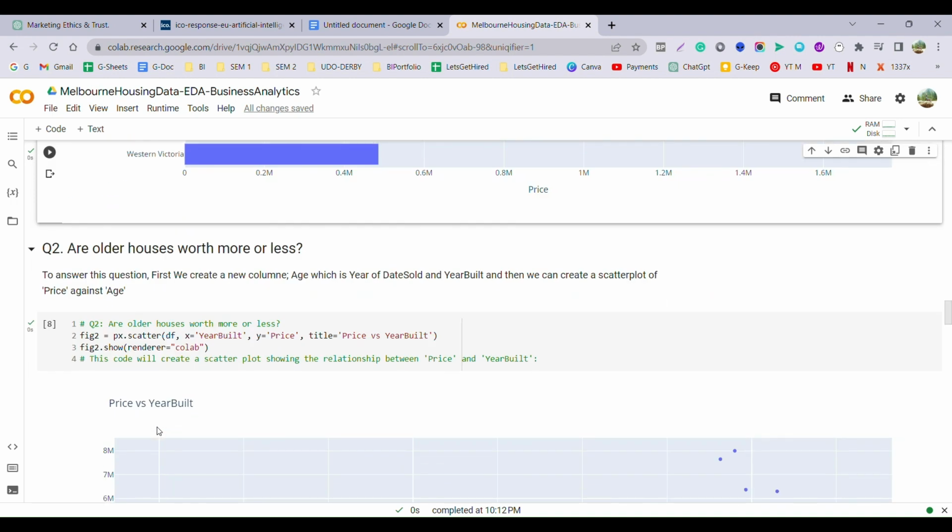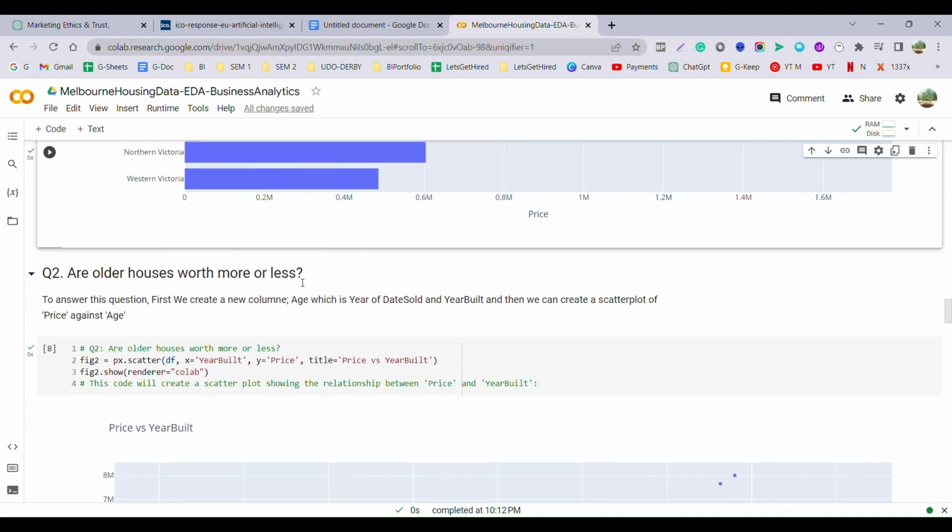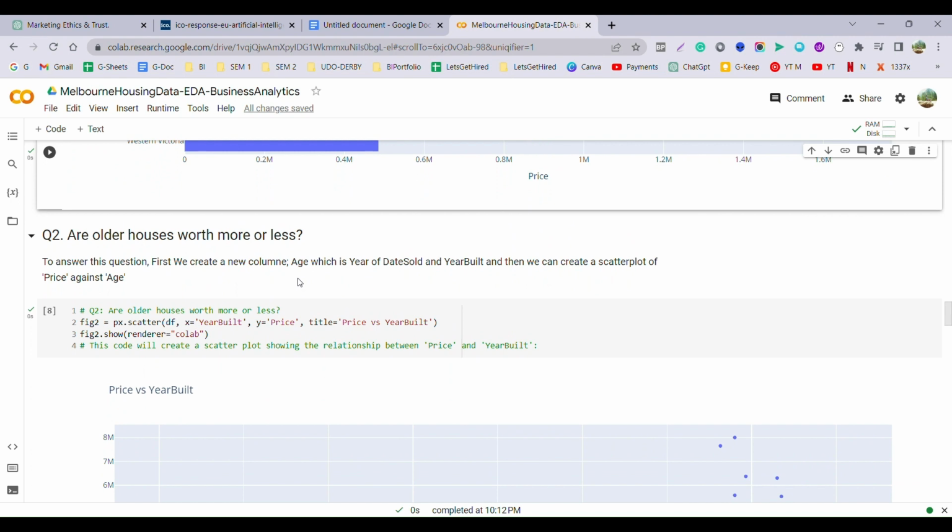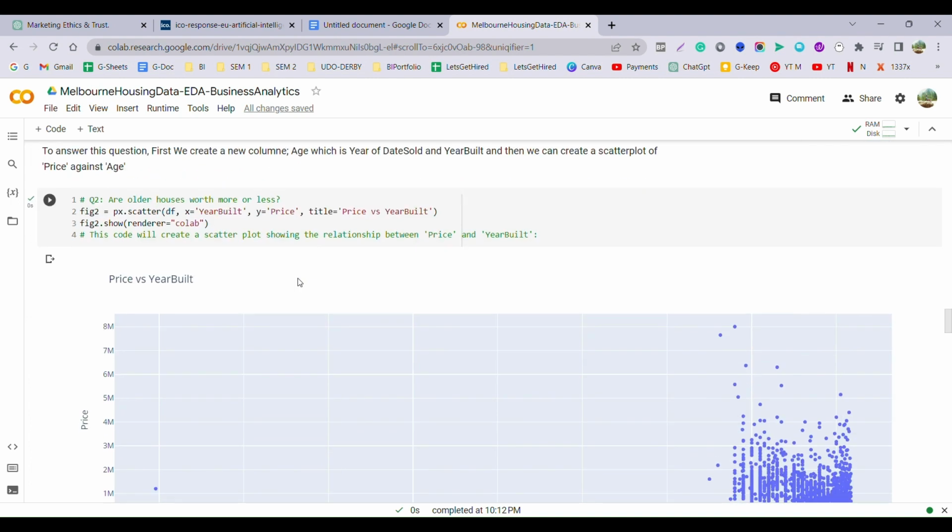The next question is: are older houses worth more or less than newer houses? It is very obvious that older houses are worth less, they tend to be less expensive. But let's look at the data.